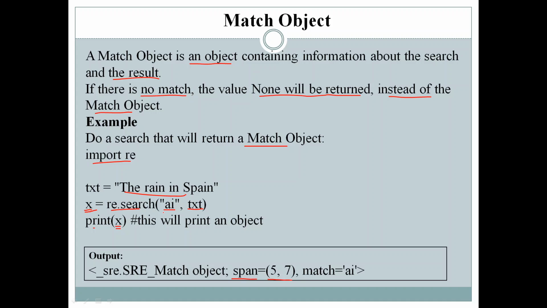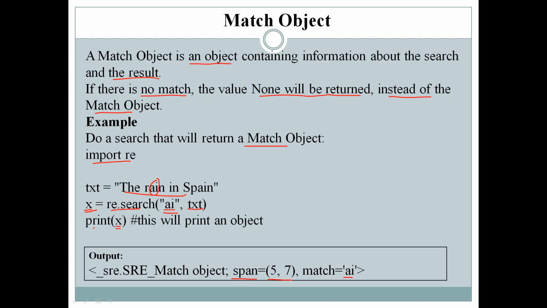What pattern have we searched? We searched for AI. So the first match of AI is at this position, and it returns the span of the first match. It starts at 5 and ends at 7, which is one more than the index actually.